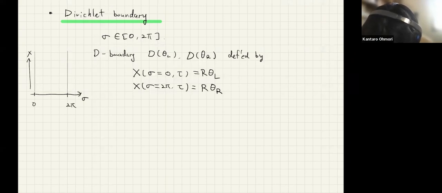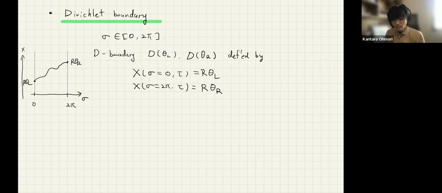And here is R theta L, and the string switches like this.